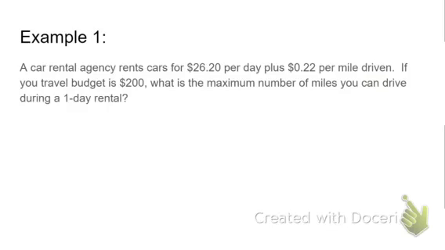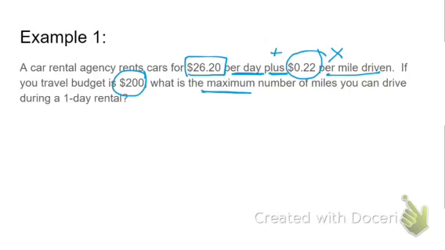Okay, so let's take some important things here. We've got $26.20 per day, so times a day, plus 22 cents per mile driven, okay? If your travel budget is $200, what is the maximum number of miles we can drive? Okay, so $200, guys.